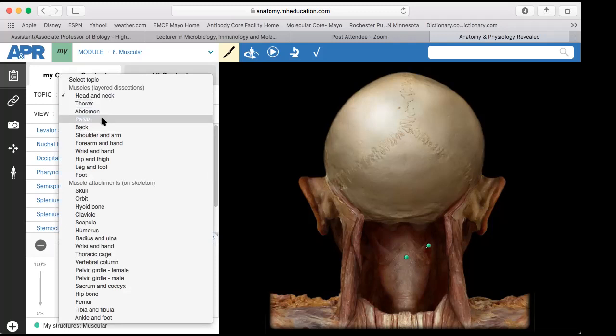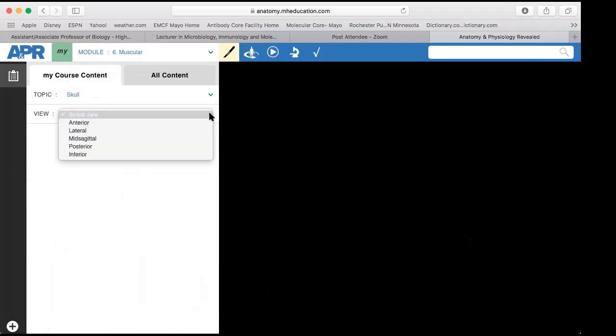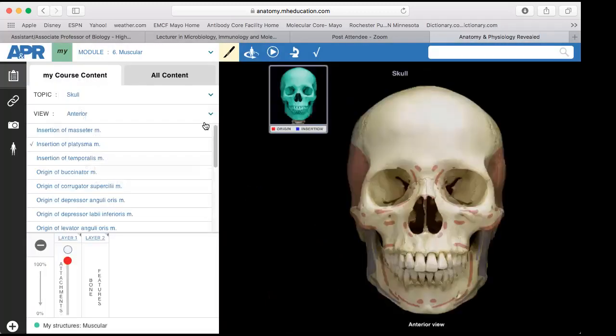Thorax, abdomen, pelvis, back. Oh, these are all origins.